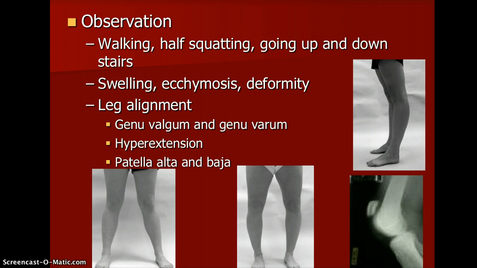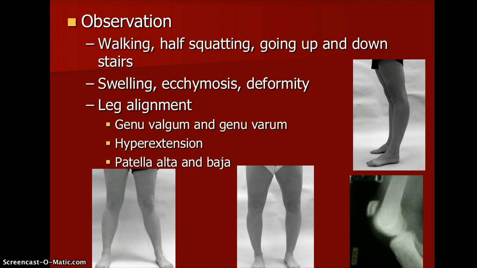For example, being in genu valgum or a knock knee position. That's going to put a lot of stress on the MCL. It's going to put the ACL in a position where it's already being stretched. So those are the types of things that you want to notice as you're assessing the athlete.